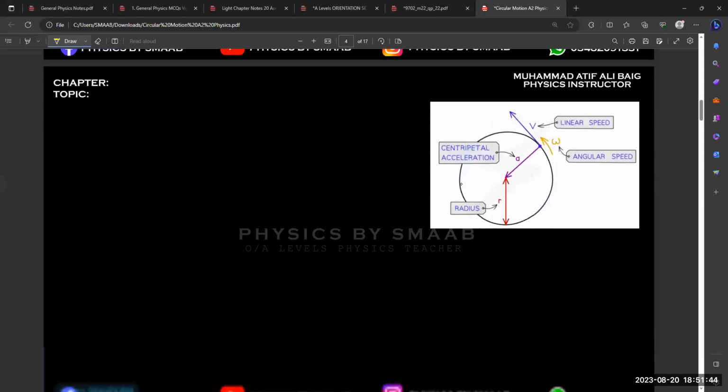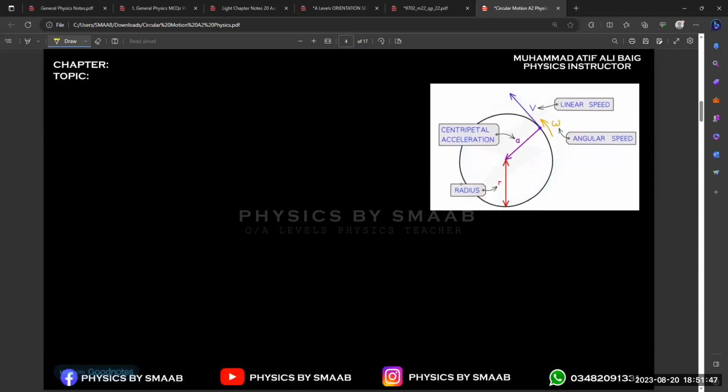So let's suppose, if we want to talk about the formula, this is how we calculate the centripetal acceleration.